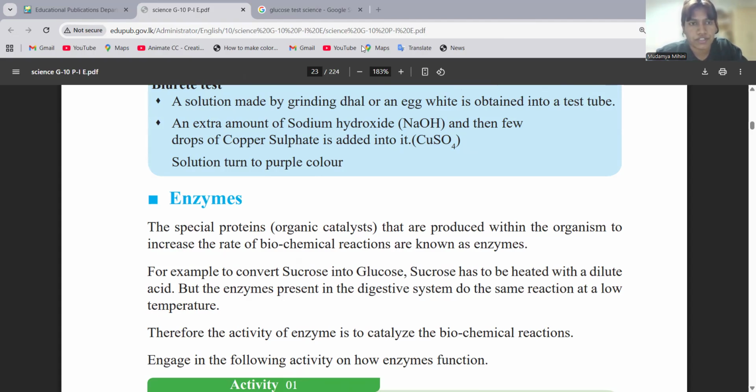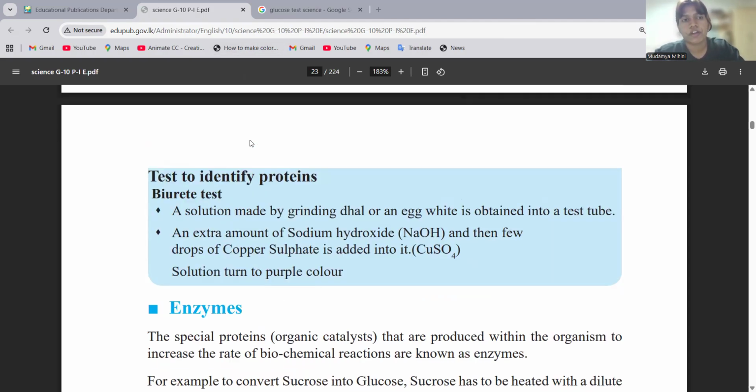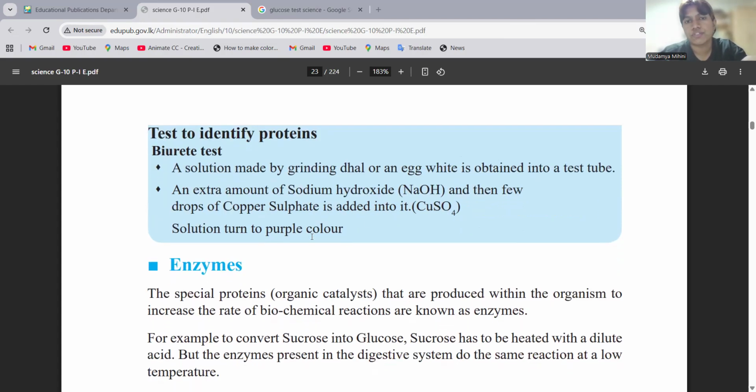So the next part is the test to identify proteins. We call this protein test the biuret test. So remember for starch, what we used was iodine, and for the other two, we use Benedict, right? So this one is called the biuret test, the protein test. For this, you have to get a solution made of any type of protein.